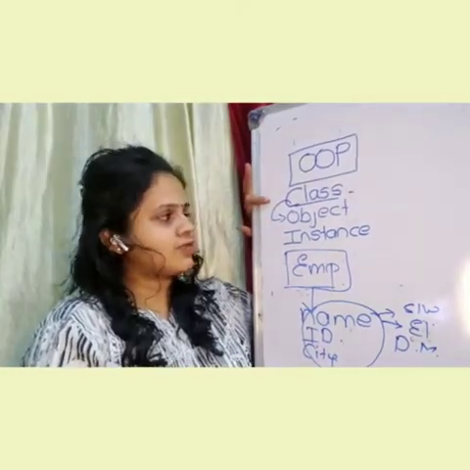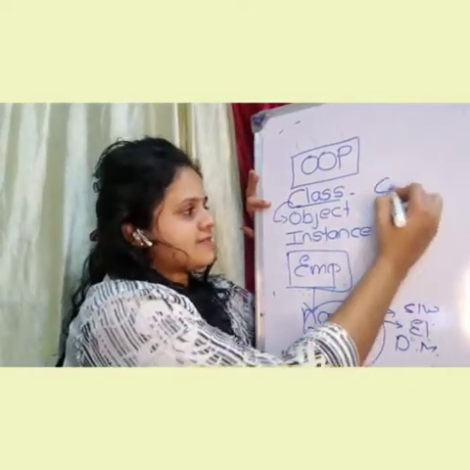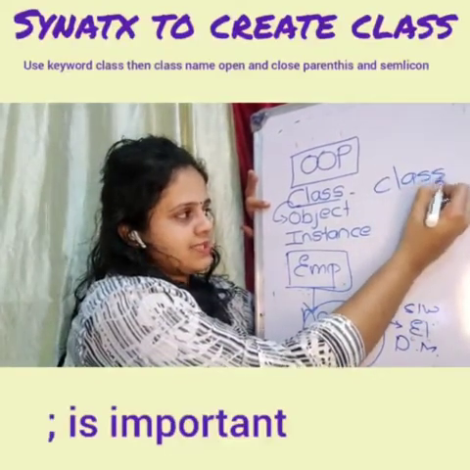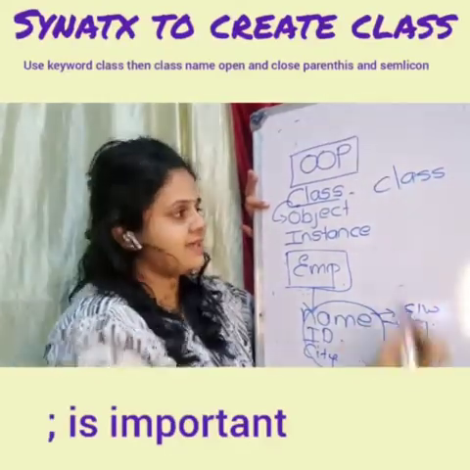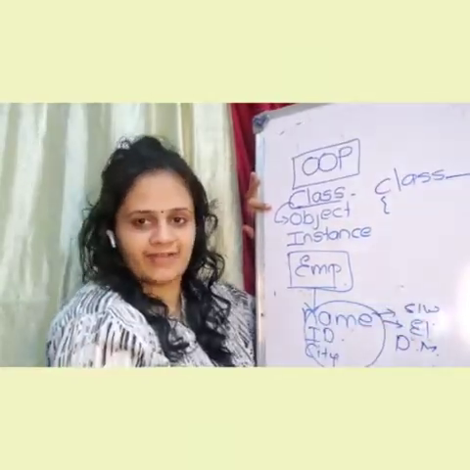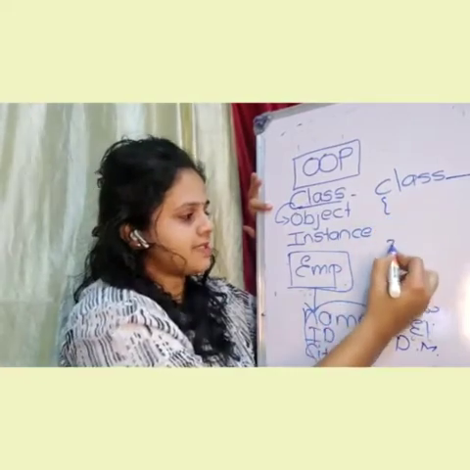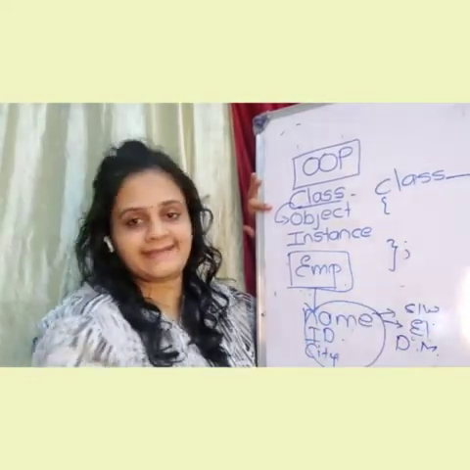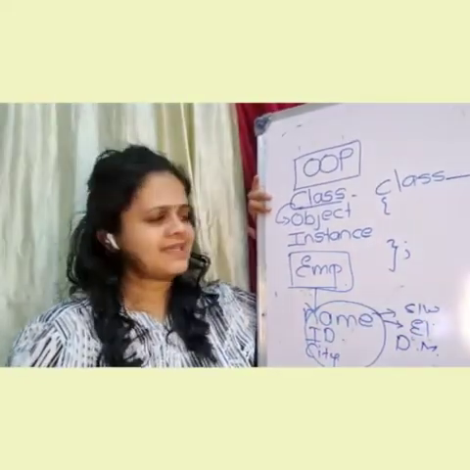To create a class, we just have to use the keyword class, and it will have the class name in front of it, the open curly brace, the closing curly brace, and the semicolon. It's very simple.